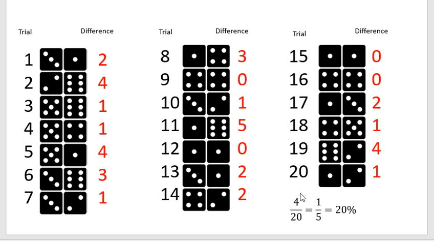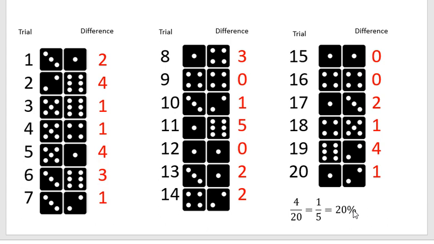So 4 of our total outcomes had a difference of exactly 2, whereas we had a total of 20 different outcomes. If we make that into lowest terms, these are equivalent: 4/20, and 1/5. Those are equivalent, which we can also write as a percent, which is 20%.